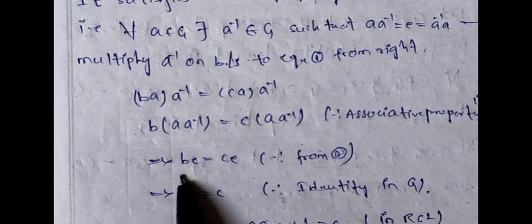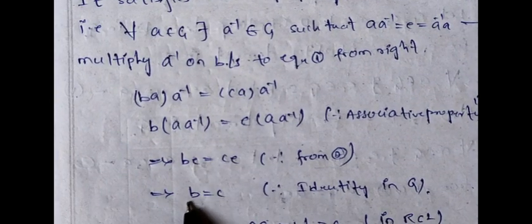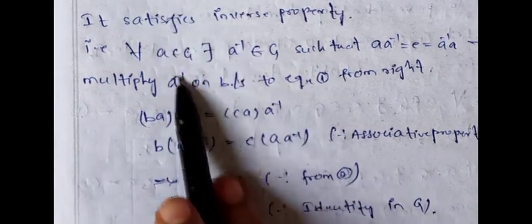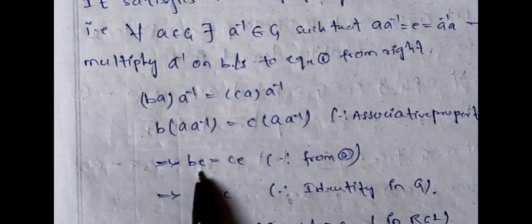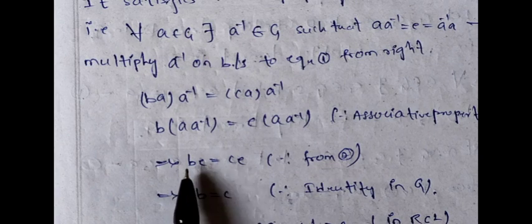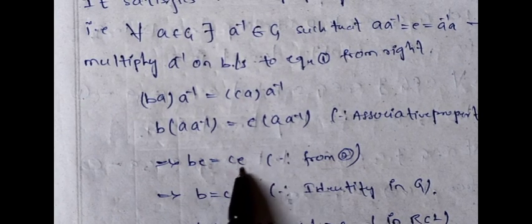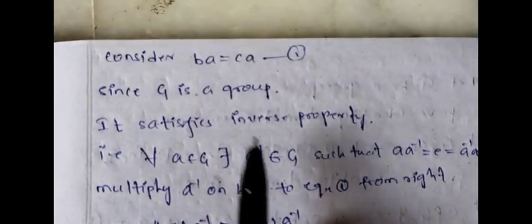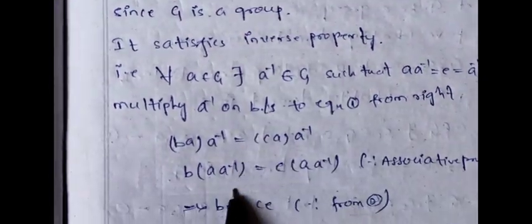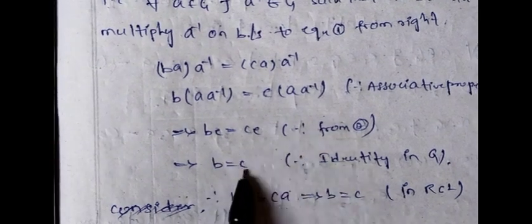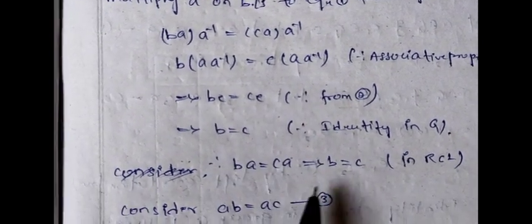But B into E equals B, by the identity property, because G is a group: any element into the identity element gives that element itself. In the same way, CE equals C. So we took BA equals CA and proved B equals C, which is the right cancellation law. So we have proved this.